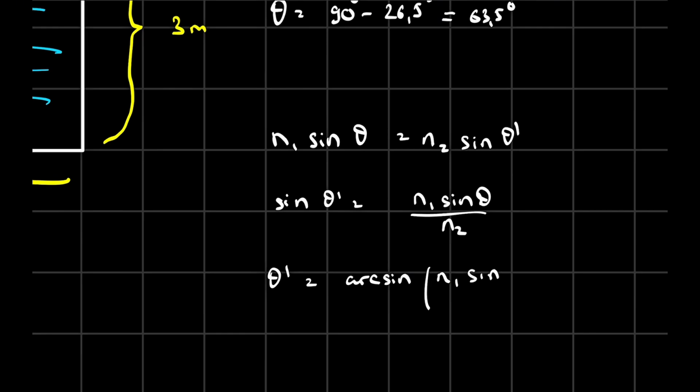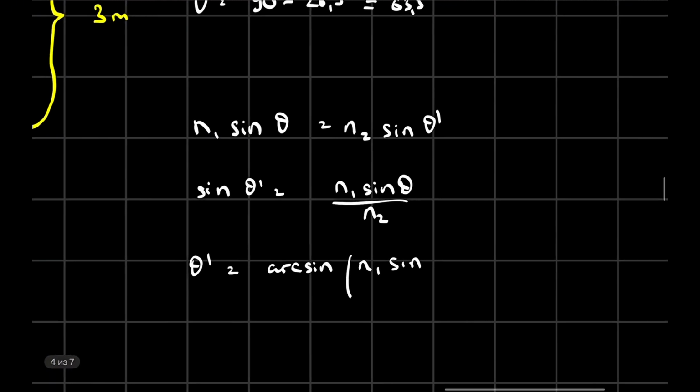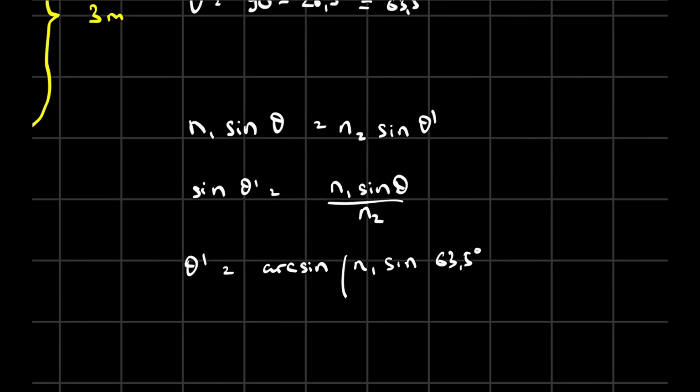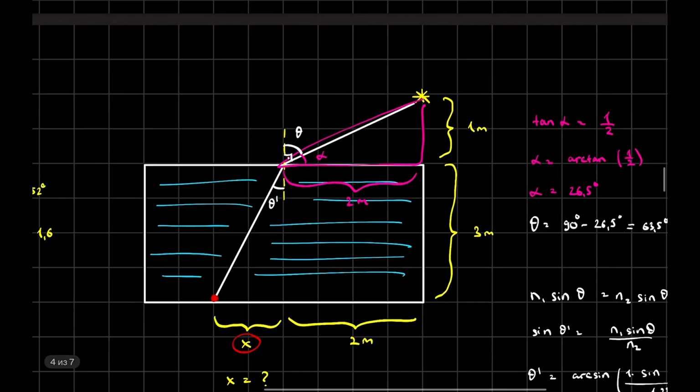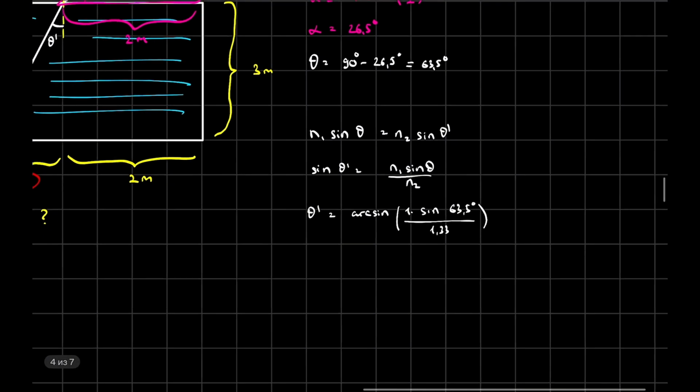Here n1 is air, which is just 1, and n2 is water, which is 1.33. It enters the water, that's why the first index of refraction is air, 1, and the second is water, 1.33.